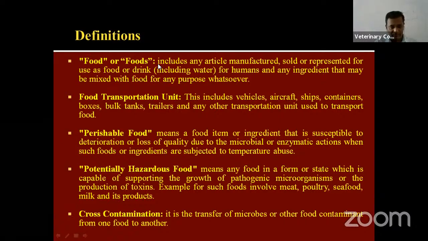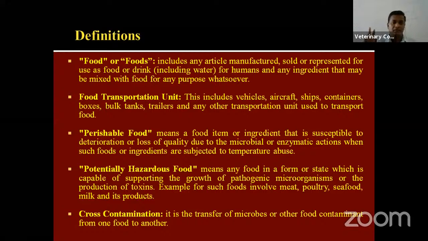Then let us understand some of these definitions. Food: any food which is consumed by humans. Whether it is a whole food or a component of a food, they are all considered as foods only.